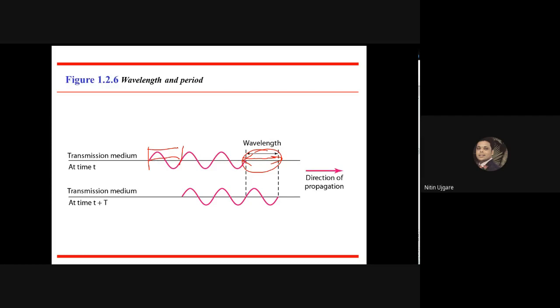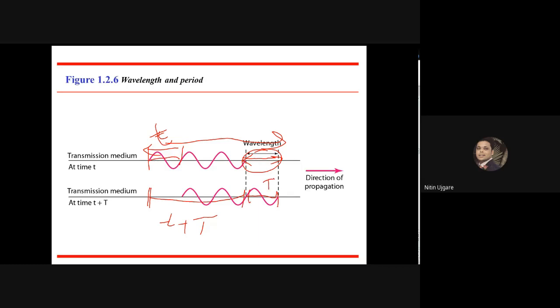Let's say that the distance of one cycle is t. The entire distance of this signal is represented with t, then the second signal has the wavelength of t plus small t plus capital T. Small t is this entire distance plus this one period that we have added, because the signal has traveled only one cycle after this.